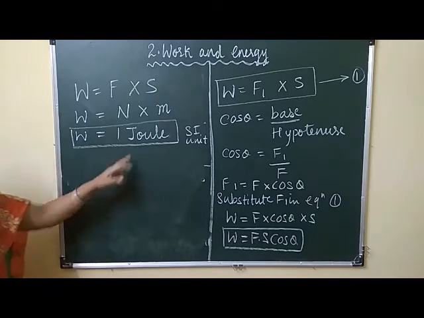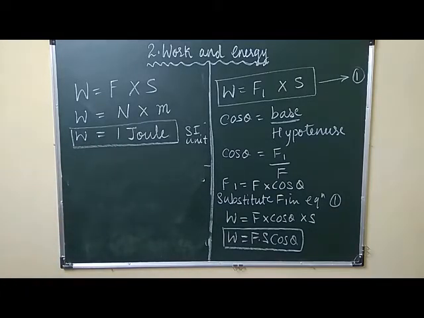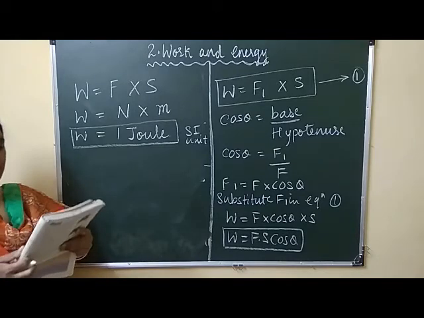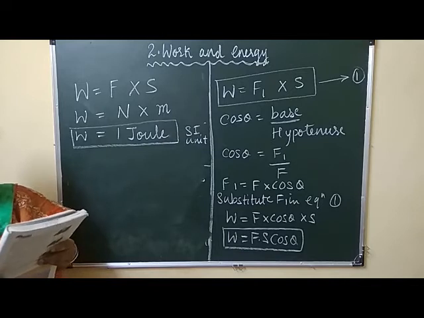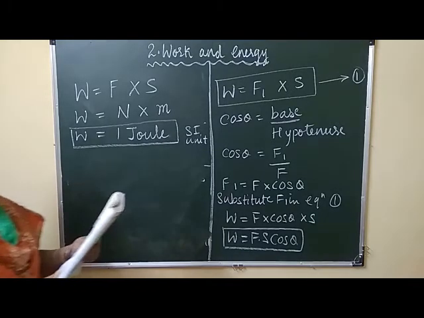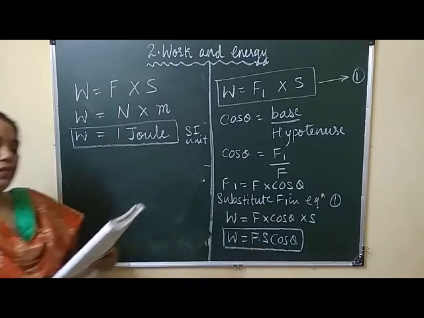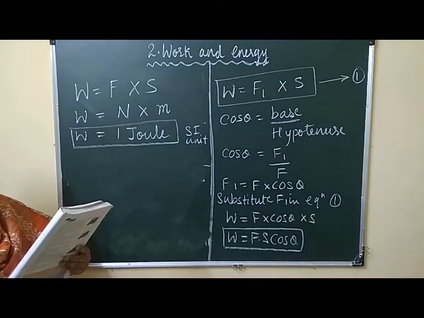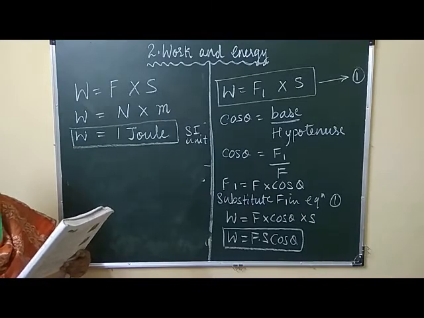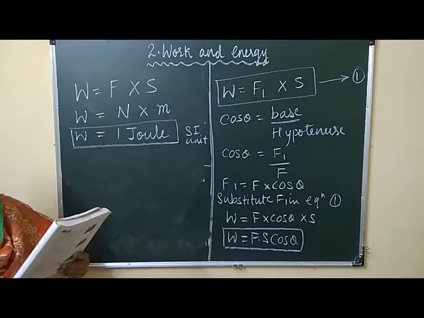Got it? It is given in your textbook also. This is in the MKS system or SI system. 1 joule definition you can see. If a force of 1 Newton displaces an object through 1 meter in the direction of the force, the amount of work done is 1 joule.